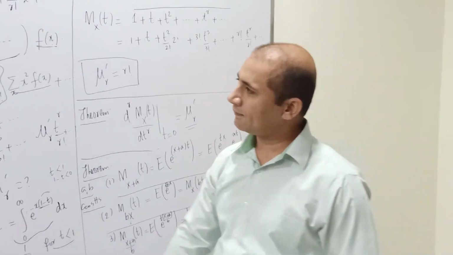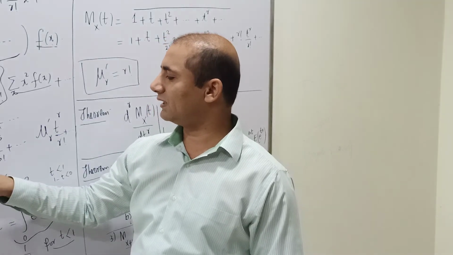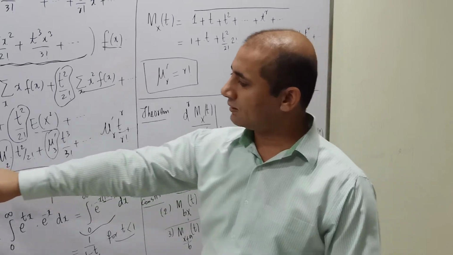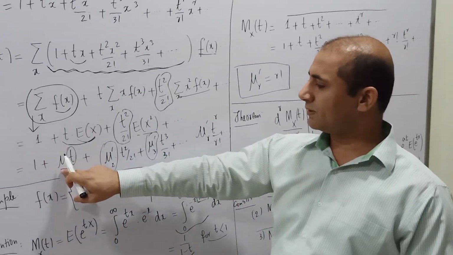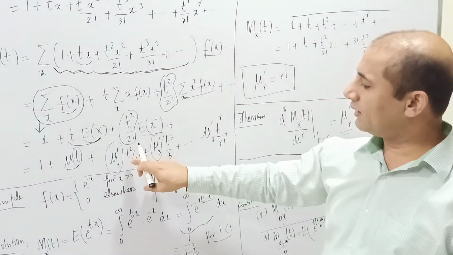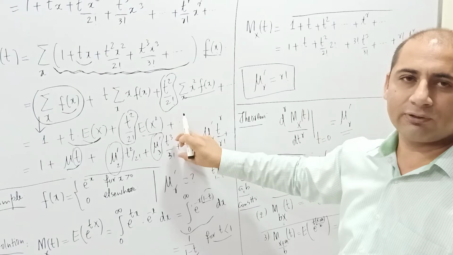Now please note that when M_X(t) is equal to 1 plus mu t plus mu_2' t squared over 2 factorial, and so on, when I consider the first derivative, this term becomes 0. This term becomes mu, and t becomes 1. And over here I will have a term involving t, and over here I will have a term involving t.